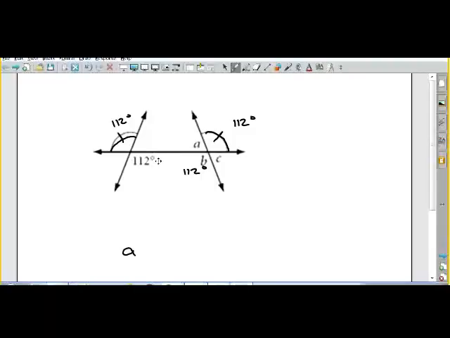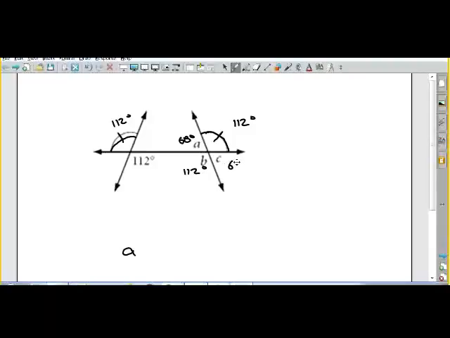So now who's left here? James. So what is angle A going to be equal to? Yep, 68 degrees. Okay, these two angles are supplementary. So this one's 68 degrees because 180 minus 112 is 68.